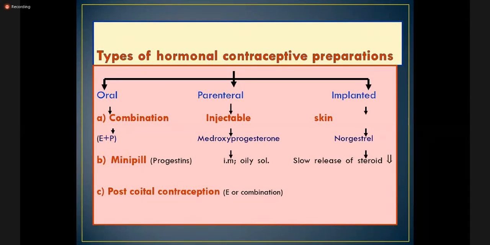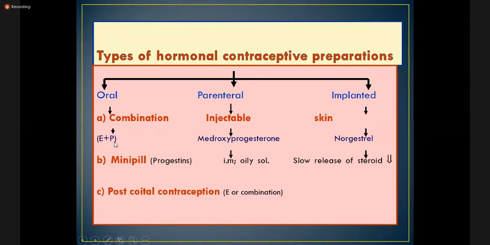Clear? So now, the types of hormonal contraceptive preparations: oral preparations, parenteral preparations, and implanted preparations. One by one, oral. As I told you, generally and commonly we use the combination of oral contraceptive pills. That means the combination having both components, estrogen and progesterone.